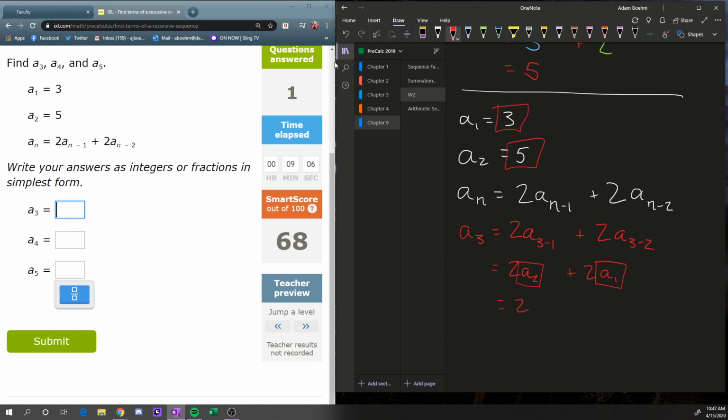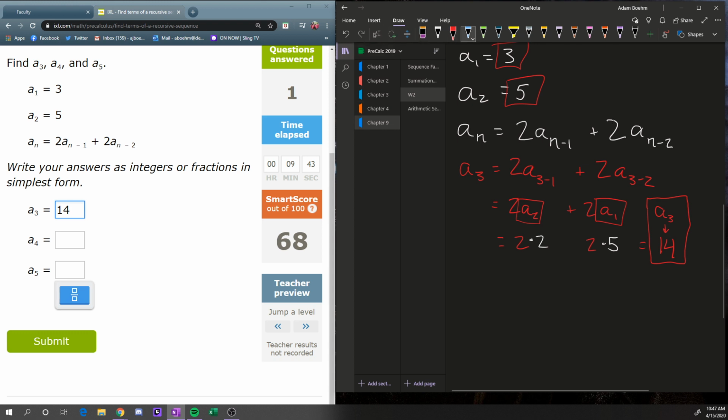So that's equal to 2 times 3 and 2 times 5, which is 14. So the third term in this sequence is 14. And then we do that for A4 and A5.